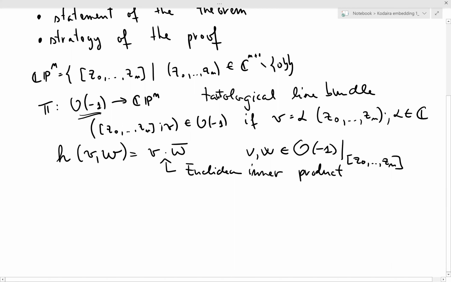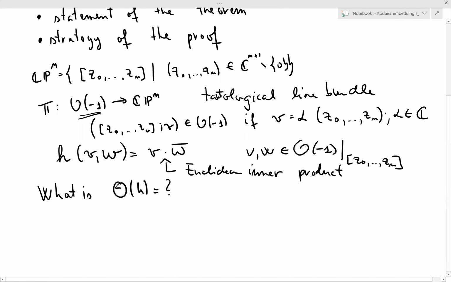Okay, so we learned how to compute the Chern curvature theta_h in the previous video. In the next few minutes, I'll tell you what the curvature of h is. So really the question is, what is theta_h? For the definition of this, see the previous video. So how do we compute that?